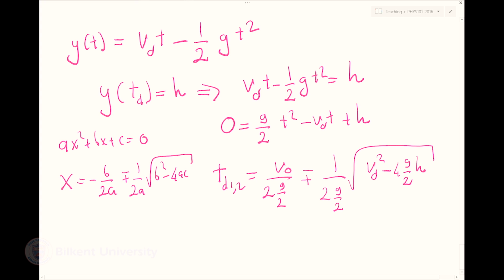So it's going to be v0 over g plus minus 1 over g square root of v0 square minus 2gh. This is t down 1 and 2, two solutions. So can you tell me what is delta t2? That is the lower time. Delta t2 is td2 minus td1. So what is that? td2 is the largest one.